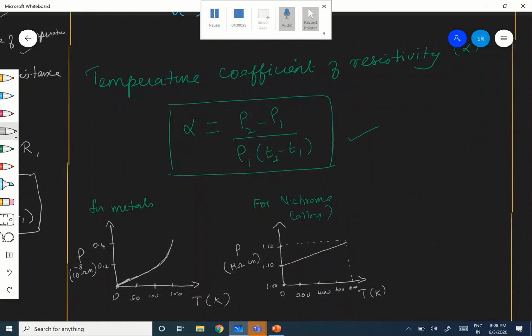Are you following? And in the case of an alloy, this alloy means nichrome.